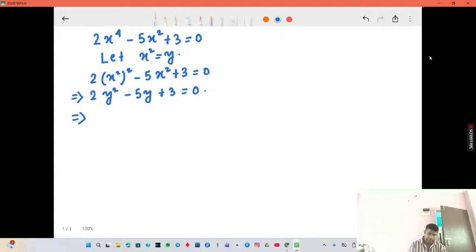Here you can see that 2 into 3 is equal to 6. So here we have to split into plus and minus terms: 2y squared minus 2y minus 3y plus 3 is equal to 0.